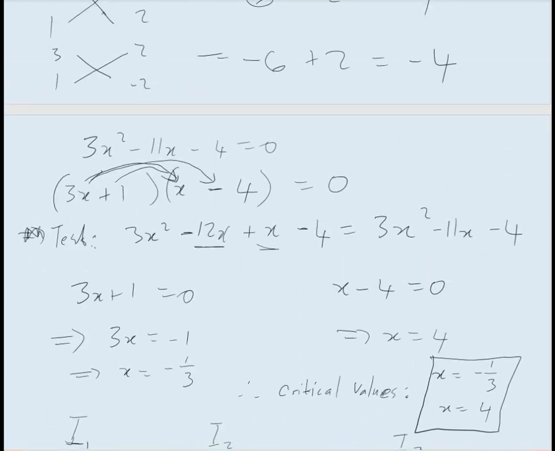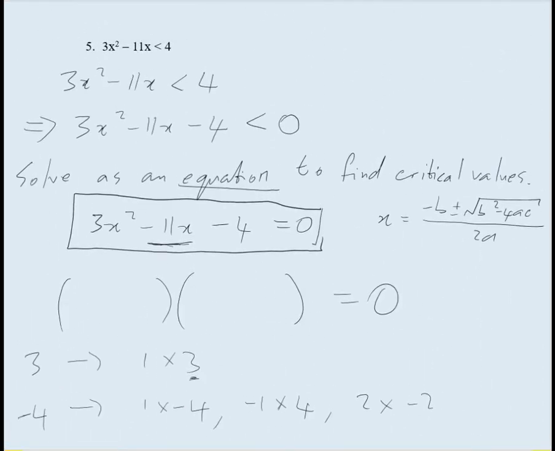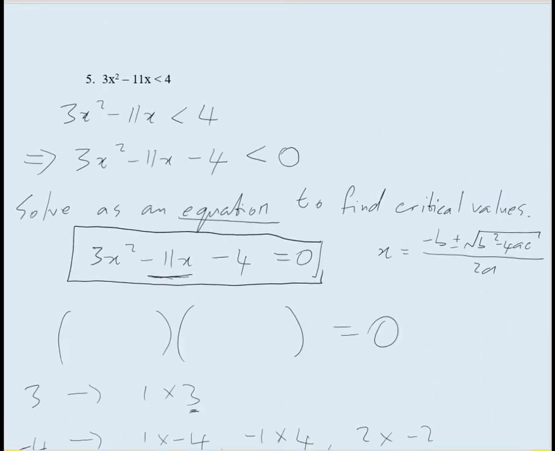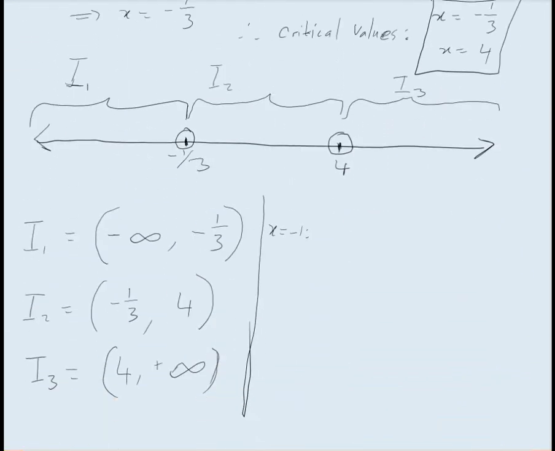Let's go back to our inequality. It doesn't matter which way we write it, but let's write it with 0 on the right hand side. So our inequality is 3x squared, in this case 3 times negative 1 squared, minus 11 times negative 1, and then minus 4.